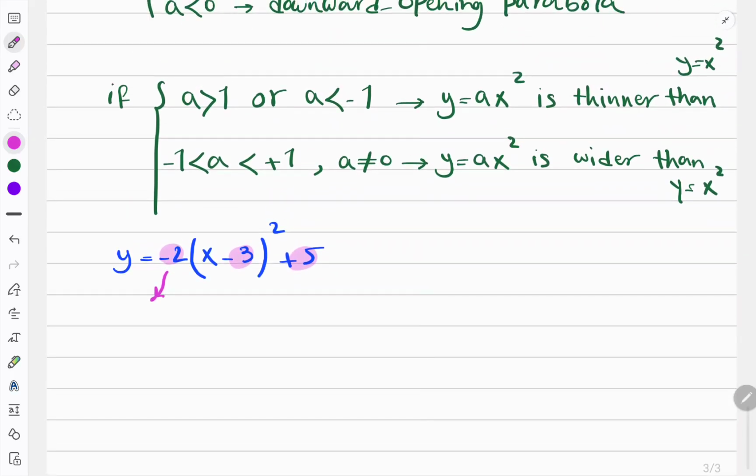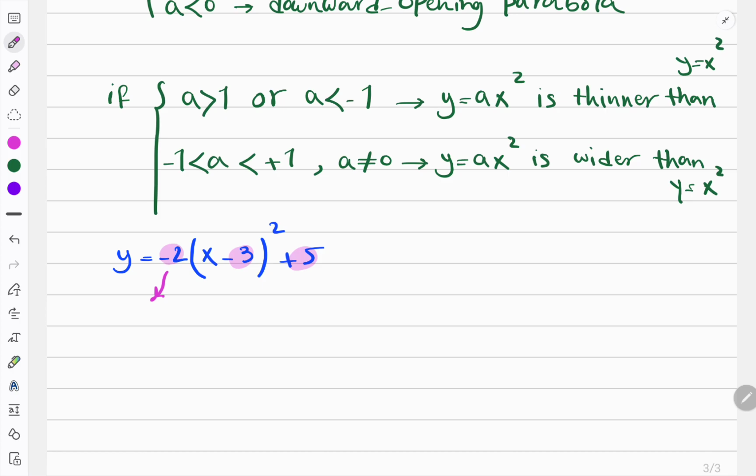This shows that we should reflect y equals x squared in the x-axis because a is negative, a downward opening parabola, and because a, which is 2 in absolute value here, is bigger than 1, our graph is thinner than y equals x squared.